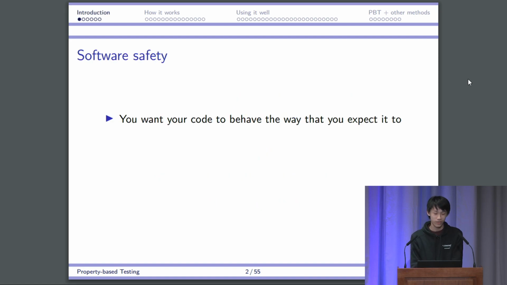So when you write code, you want your code to behave the way that you expect it to, right? And for a small project, like, for example, something that you do over the holidays, it's fine if your code has bugs in it, right? Because your code can tolerate bugs. You can work around it. Other people can work around it, whatever.